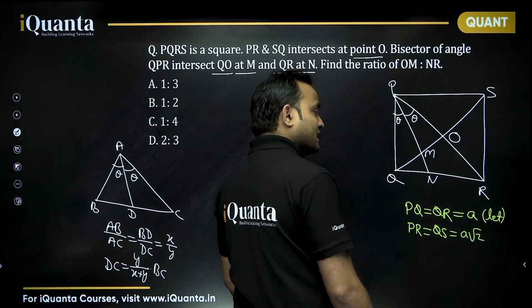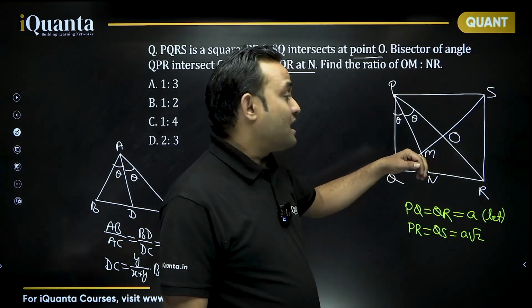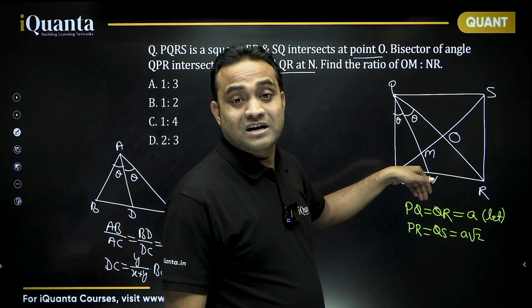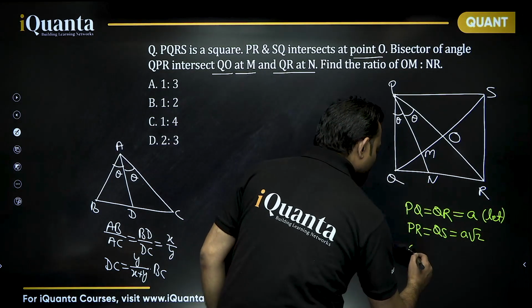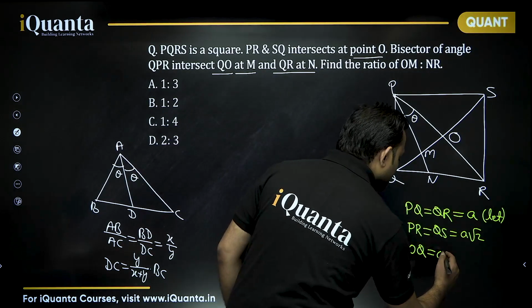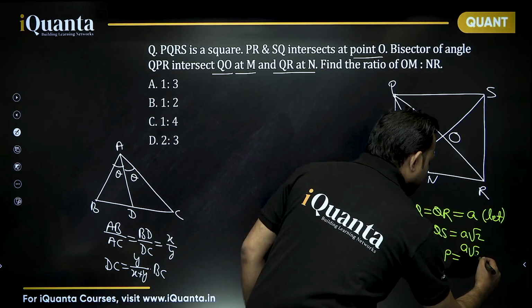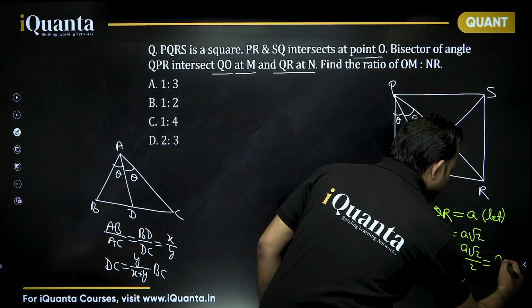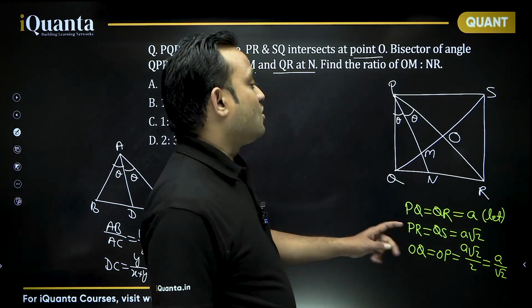And similarly, in any square, the diagonals are bisecting each other as well as perpendicular to each other. So we can say that OQ will be equal to OP, which will be half of the diagonal, which is equal to A upon root 2. Okay, now what we need to find?